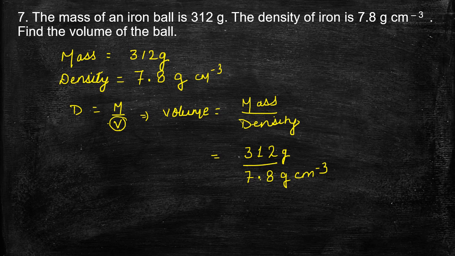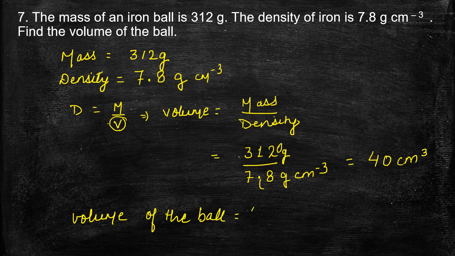So remove this decimal, put one zero in the numerator and divide 3120 by 78. So you will get 40 centimeter cube. Therefore, volume of the ball is equals to 40 centimeter cube.